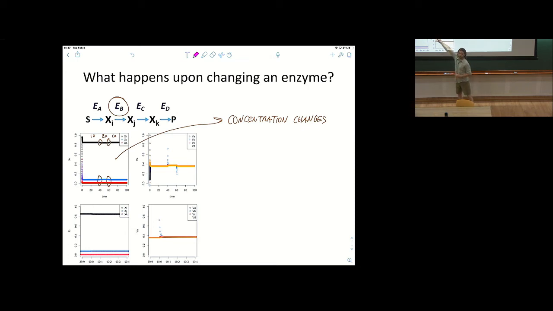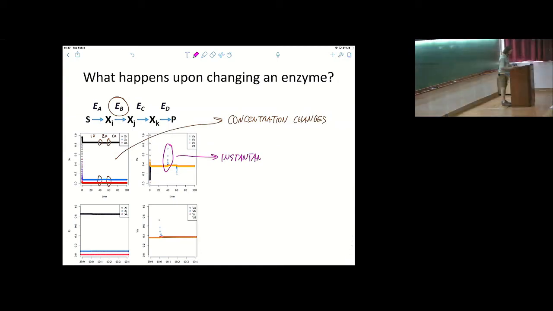But this one started off 2-fold faster, the amount you changed it, but then quickly it shuts back down. And it's not because of allosteric regulation or anything like that. That doesn't exist in the system. You could add it, you can model that, but that's not what's here. A quick drop.